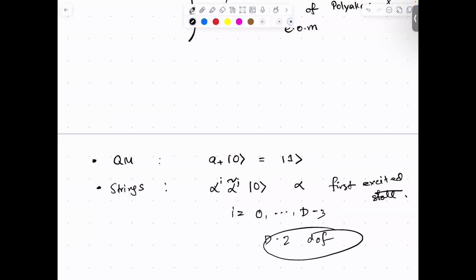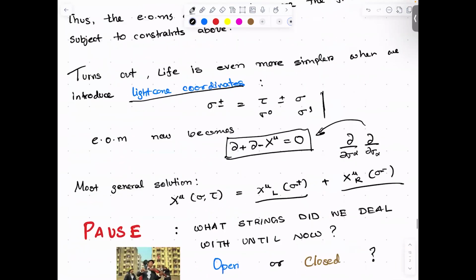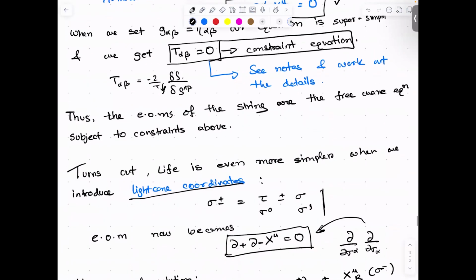That is, I choose a certain gauge so that my Polyakov action's equation of motion is simplified.